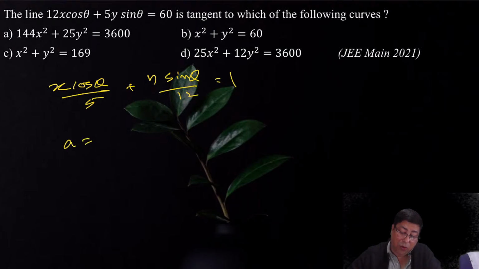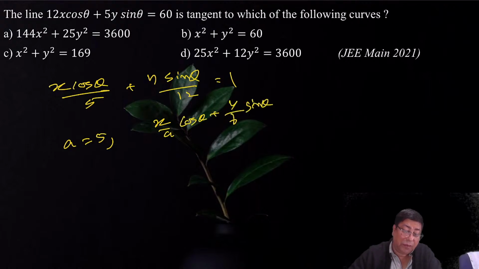The equation of the tangent is what? x by a cos theta plus y by b sin theta equal to 1. Therefore, we can say a equal to 5. Let us compare. Once again, I am writing the equation of the tangent: x by a cos theta plus y by b sin theta. It is nothing but the basic concept. So we are getting this: a equal to 5 and b equal to 12.